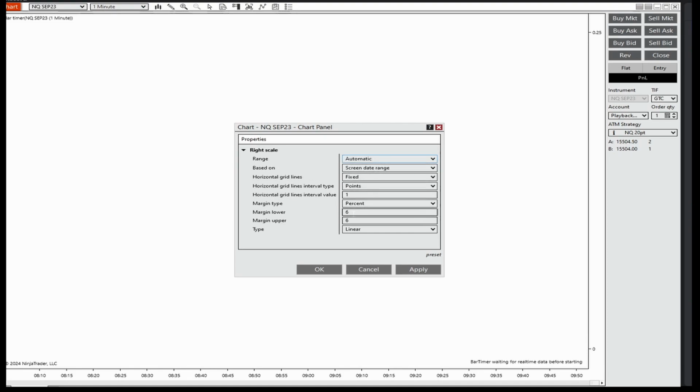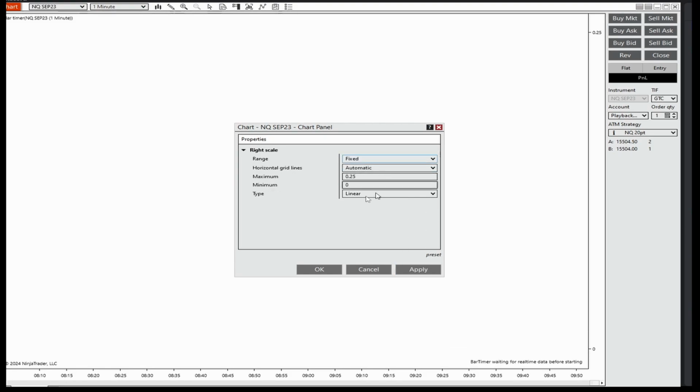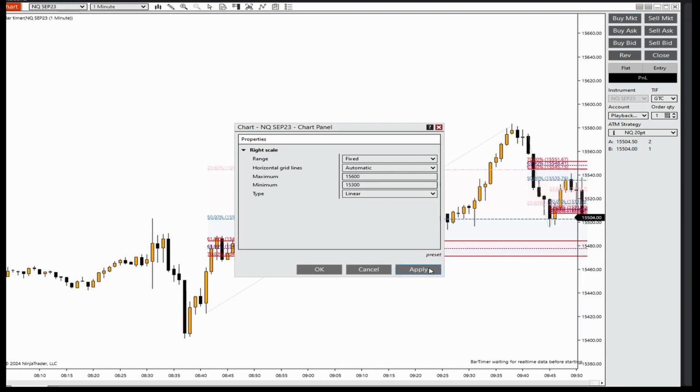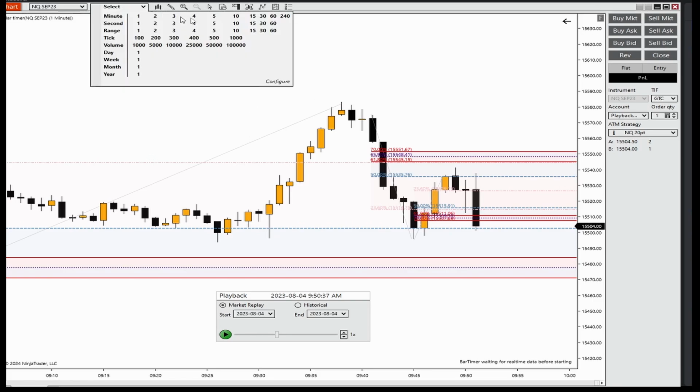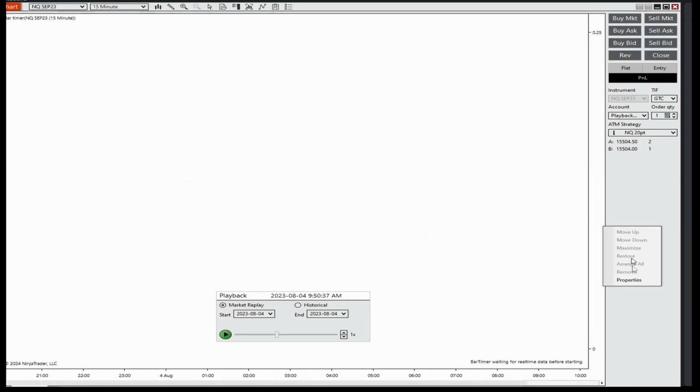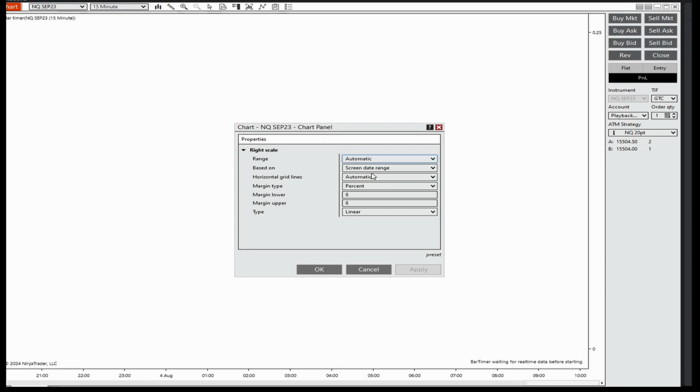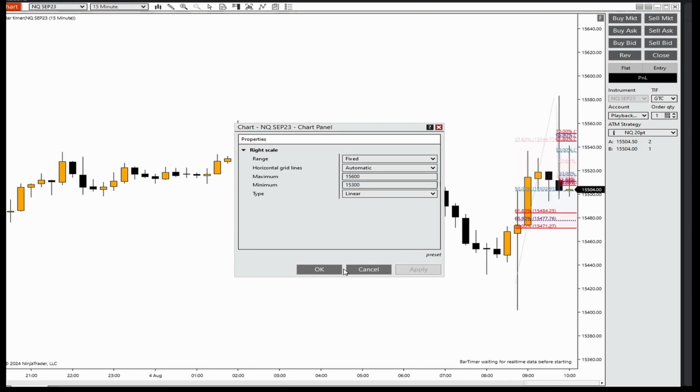Yeah, I don't really know why that's okay. Maximum, I don't know, 15,600. We'll just do this. Thank you, NinjaTrader. So let's try this again. This is the weirdest thing I've had to deal with. Yeah, I don't get it.